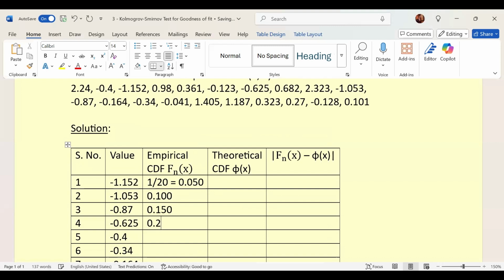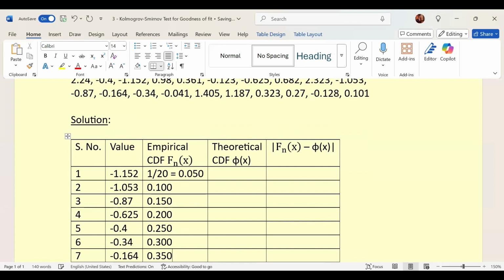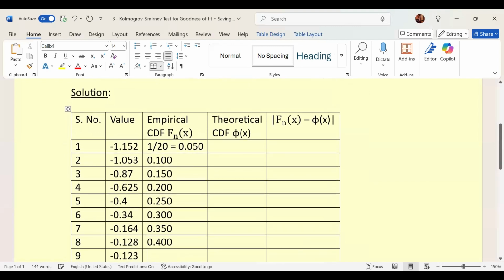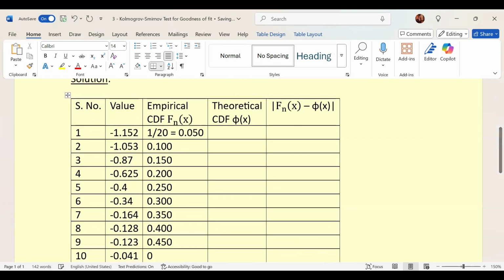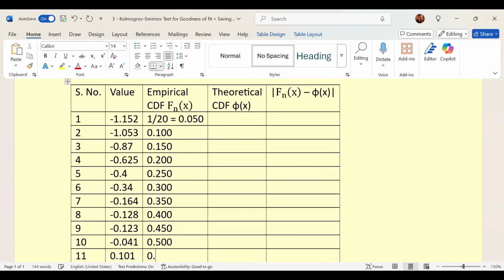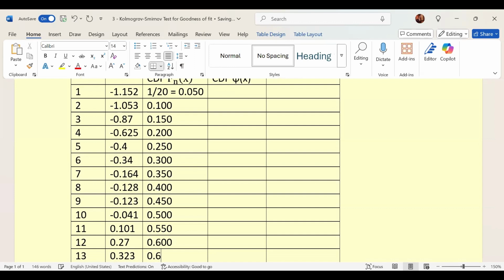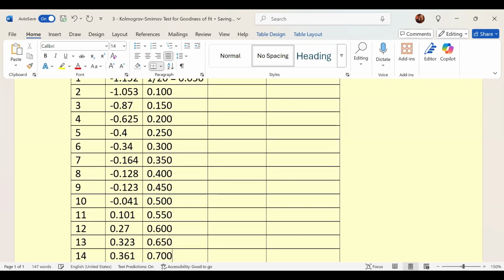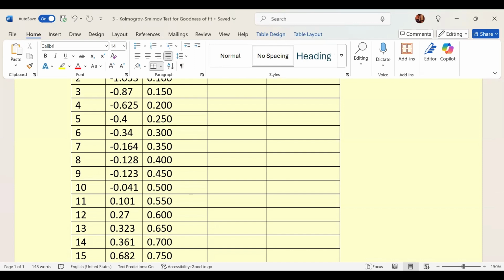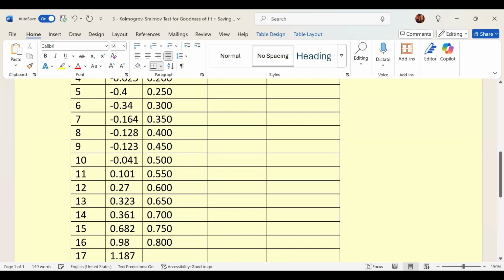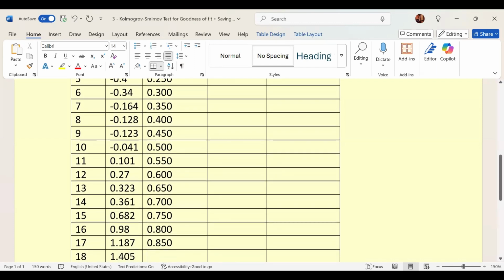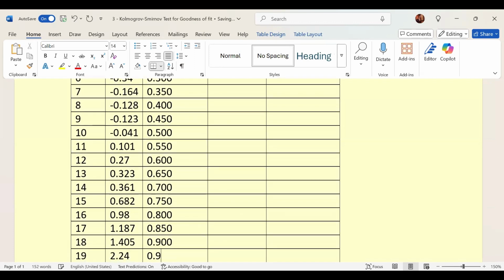Next will be 0.200, 0.250, 0.300, 0.350, 0.400, 0.450, 0.500, 0.550, 0.600, 0.650, 0.700, 0.750, then 0.800, 0.850, 0.900, 0.950.